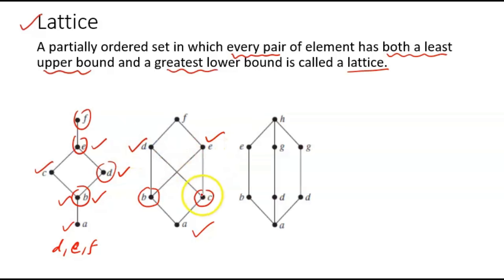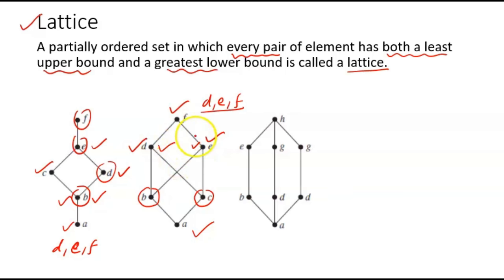D is an upper bound because it is greater than B and C both, and F is an upper bound. So we have three upper bounds, that is D, E and F. But if I ask you, can you decide which one is the least upper bound? Because D and E are non-comparable elements, out of D, E and F you won't be able to find out which one is the least upper bound.